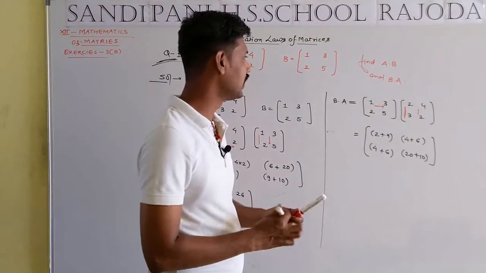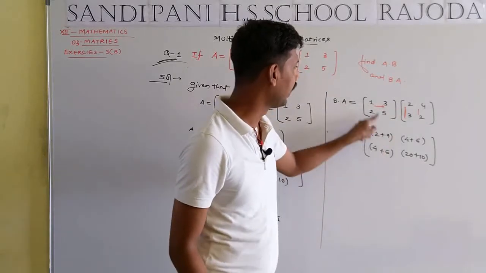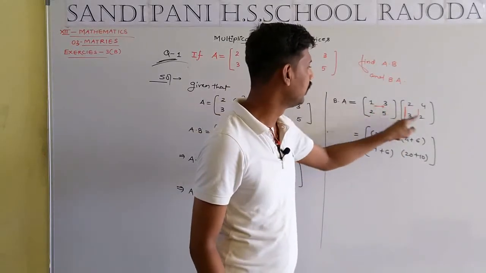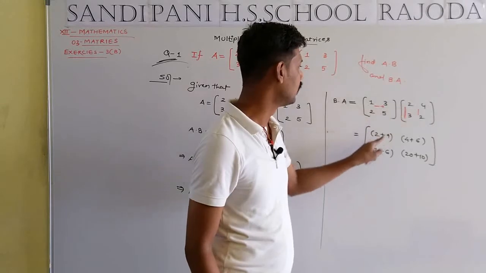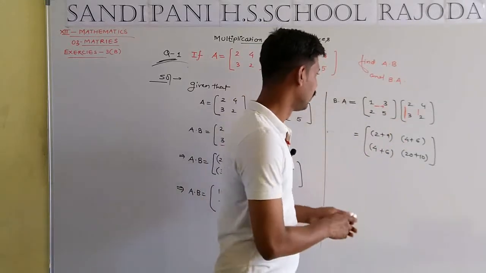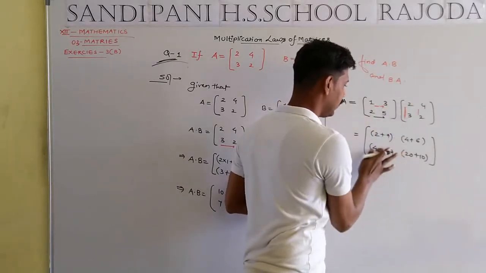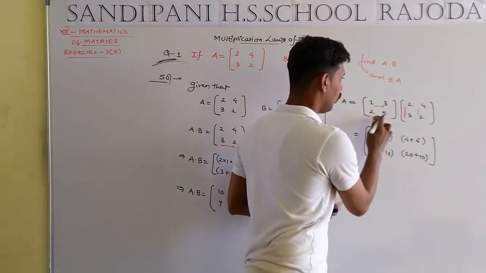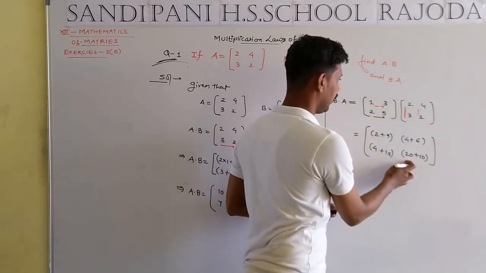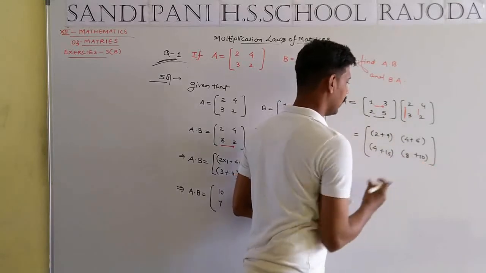Verify one more time, check out. 1 times 2 is 2, 3 times 3 is 9, 1 times 4 is 4, 3 times 2 is 6, 2 times 2 is 4, 5 times 3 is 15, 2 times 4 is 8 and 5 times 2 is 10.